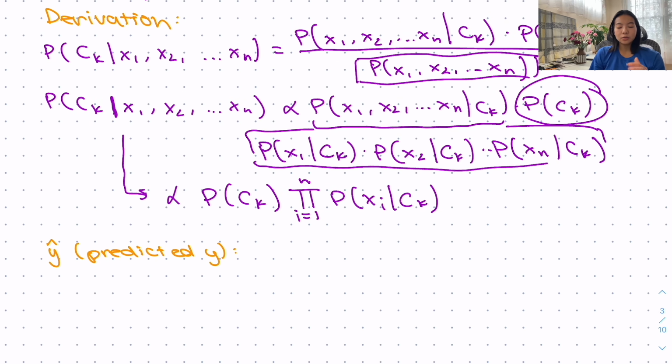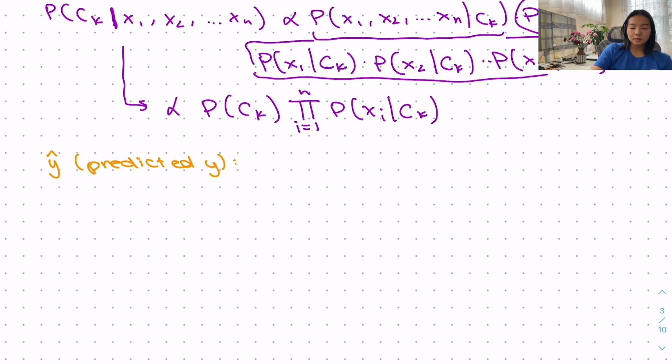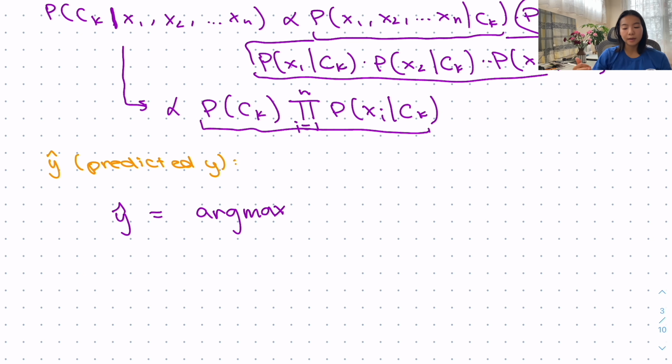So how do we use this in order to make a classification? That's where this comes in. Our y hat, our predicted y, is going to be equal to something called the argmax of this expression over here. If I write this out, it means the probability of being in some class C_k given all of our evidence.